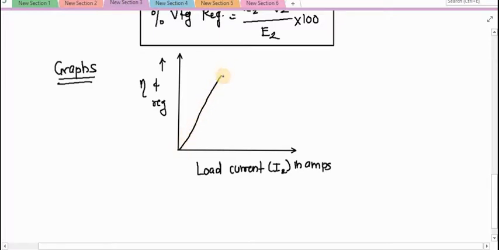When the load increases up to a certain point, your efficiency will increase, then it will attain some maximum value. After that, if you increase the load, your efficiency starts decreasing. And as the load current increases, your regulation will increase linearly. So this nature of graph you will get for regulation, and this should be the graph that you get for the efficiency.